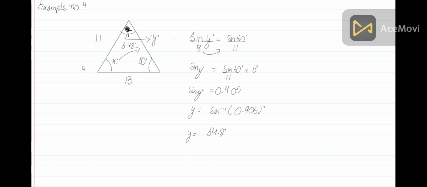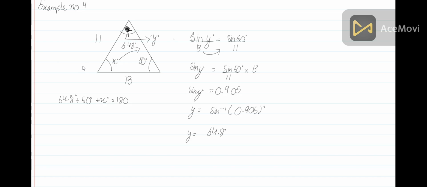Okay, so it means that this angle is 64.8 degrees. Now just use the property that if you add all three angles of a triangle you will get 180 degrees. So 64.8 plus 50 degrees plus x degrees will give you 180.